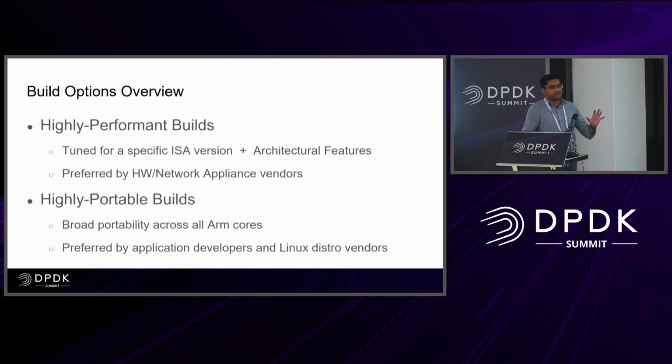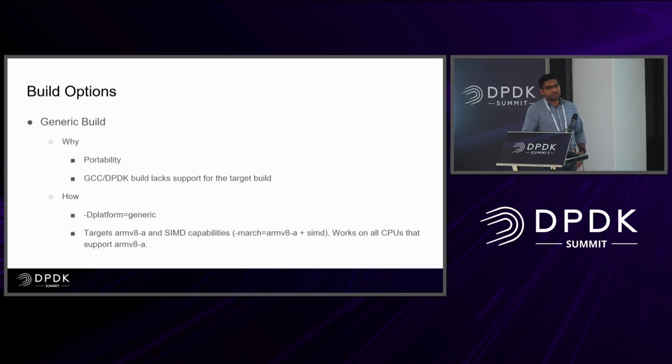And then we have three kinds of builds that we push to address the different crowds. The first one is the generic one, which is very simple. It's for portability. You can also fall back to generic if the GCC version that you are using, or DPDK, lacks support for a particular CPU.